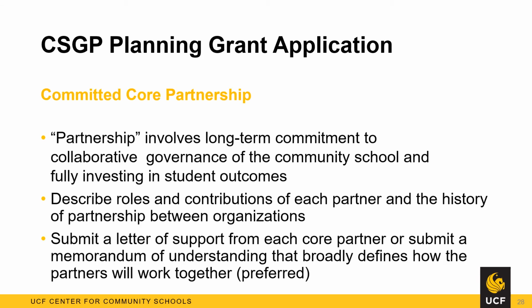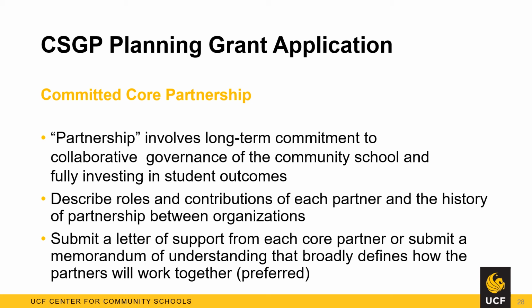The committed core partnerships section is a really important part of your application. A core component of the community partnership school model is the commitment of 4 or more core partners. In this section, you want to include information about the nonprofit, school district, college or university, and the healthcare partner. You should also include information about each organization's ties to the community, as well as share any information that you have about the ways in which the organizations have partnered together in the past.